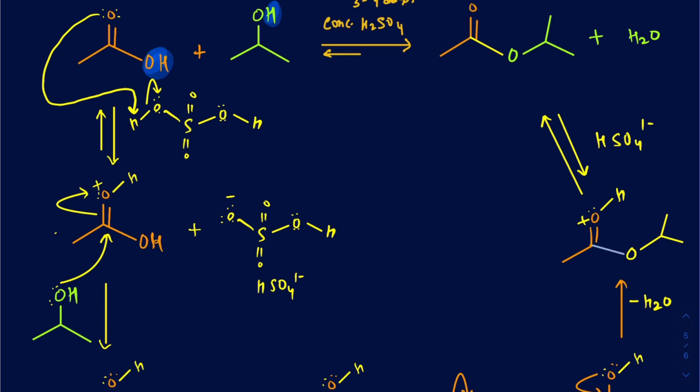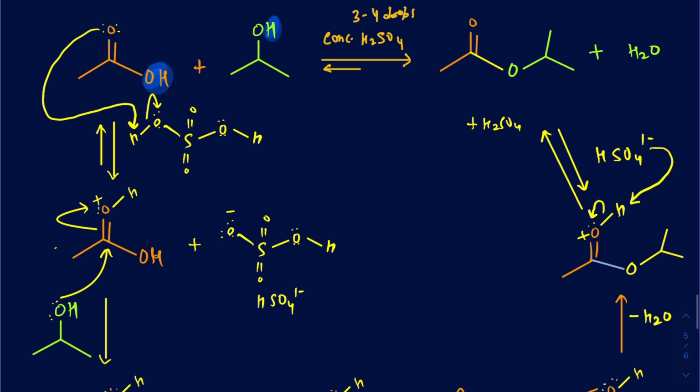So this lone pair from the oxygen on that hydrogen sulfate ion is going to go grab the proton and it's going to restore the electron density back onto that. And that makes the ester at the end of the day. And obviously that's going to make sulfuric acid along with it. Obviously, you don't really write the sulfuric acid in an overall balanced equation because it's a catalyst, but you must retrieve it before the mechanism is over.